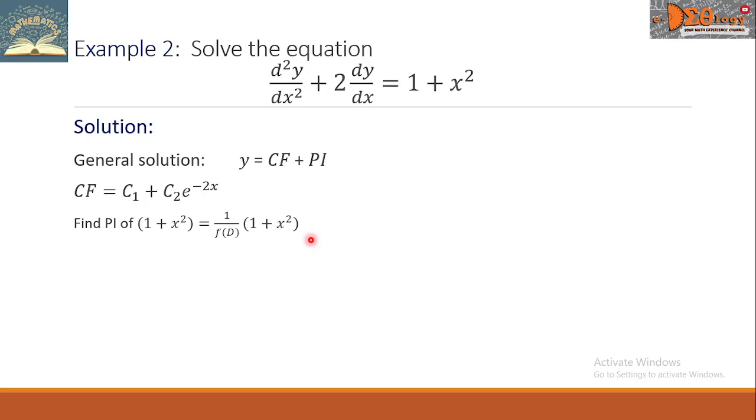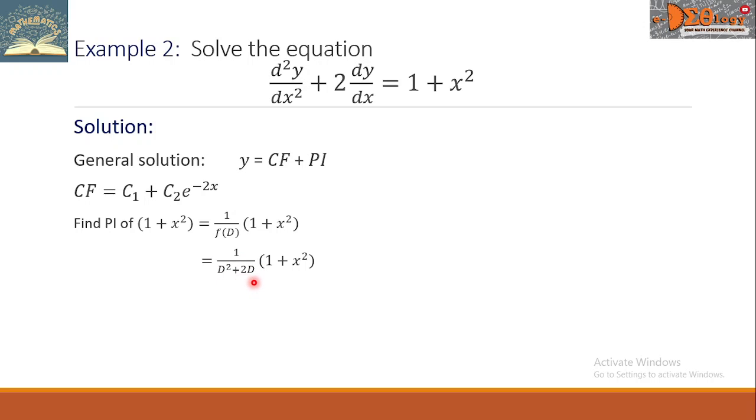We have this formula, 1 over f of D times the value 1 plus x squared. For the denominator, we use our function with respect to D, that is the D squared plus 2D. Looking at our denominator here, the smallest value is 2D.